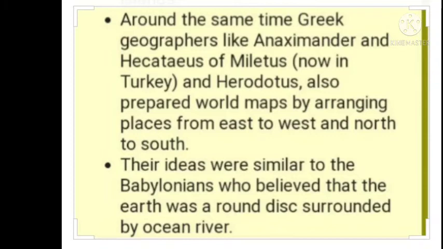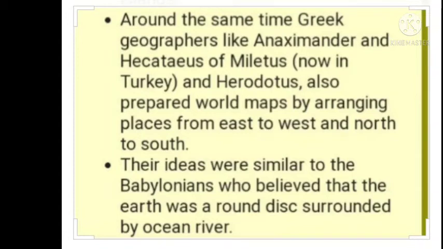Around the same time, Greek geographers like Anaximander, Hecataeus of Miletus and Herodotus also prepared world maps by arranging places from east to west and north to south.